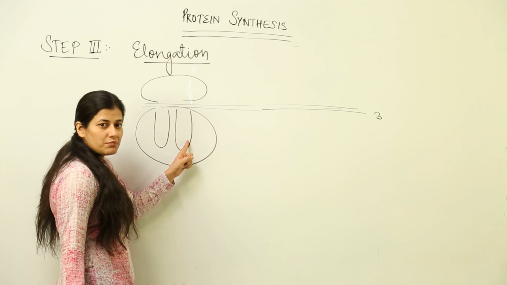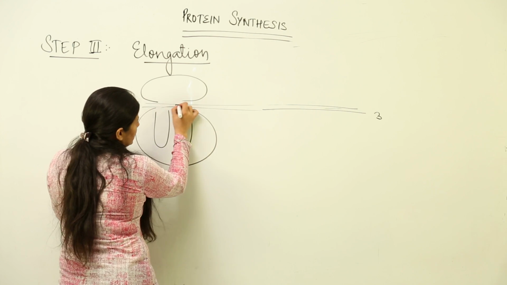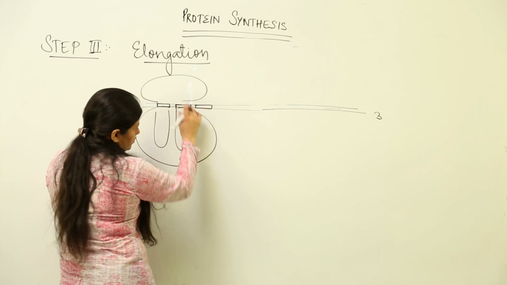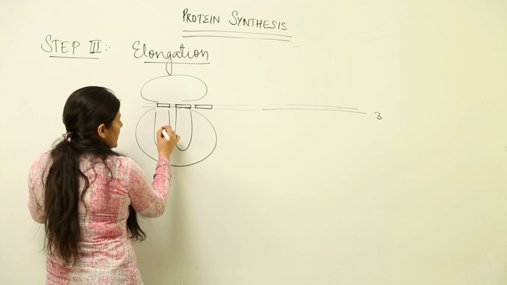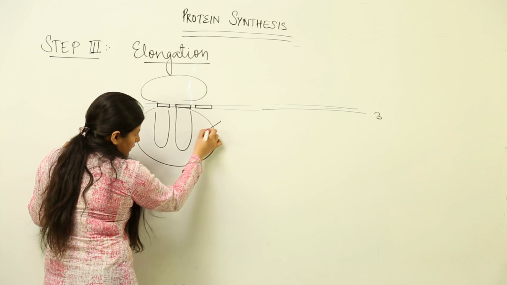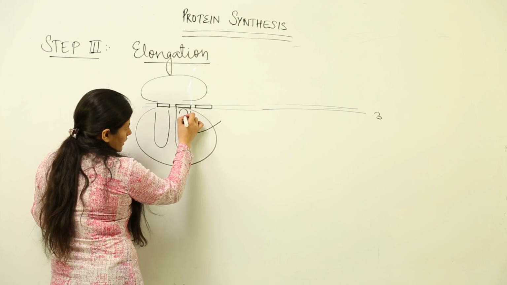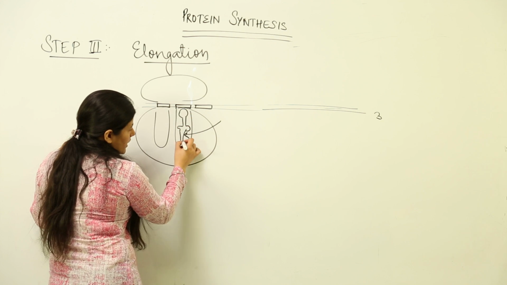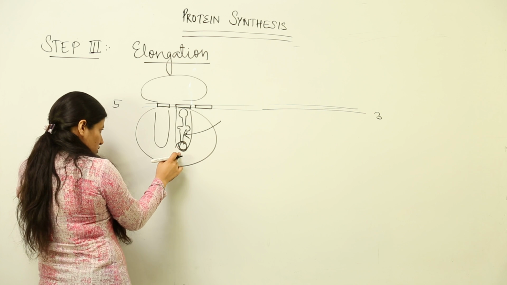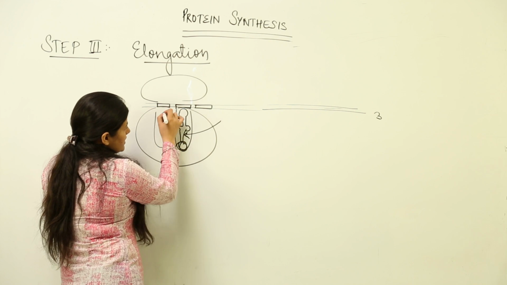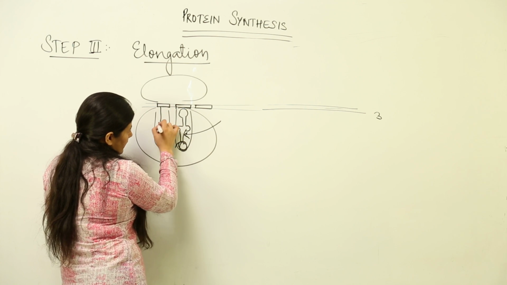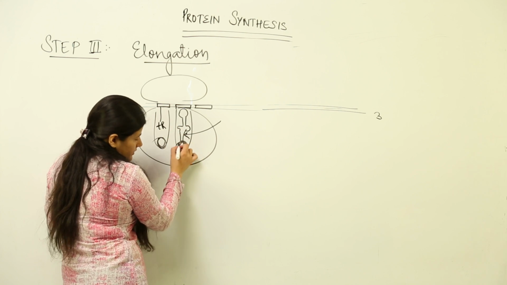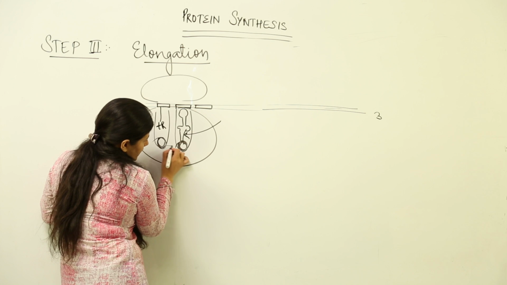The A site was empty, ready to take up the amino acid, or the charged tRNA, according to the coding sequence which was present. Now, as soon as the tRNA comes over here, let this be the tRNA, I am just drawing it like this. When it comes over here, the initiator tRNA and its amino acid come in contact with each other.